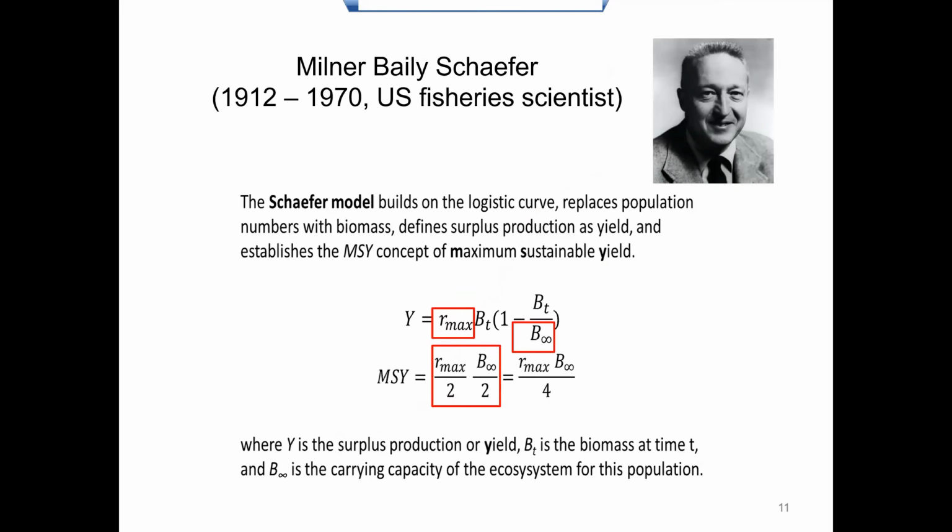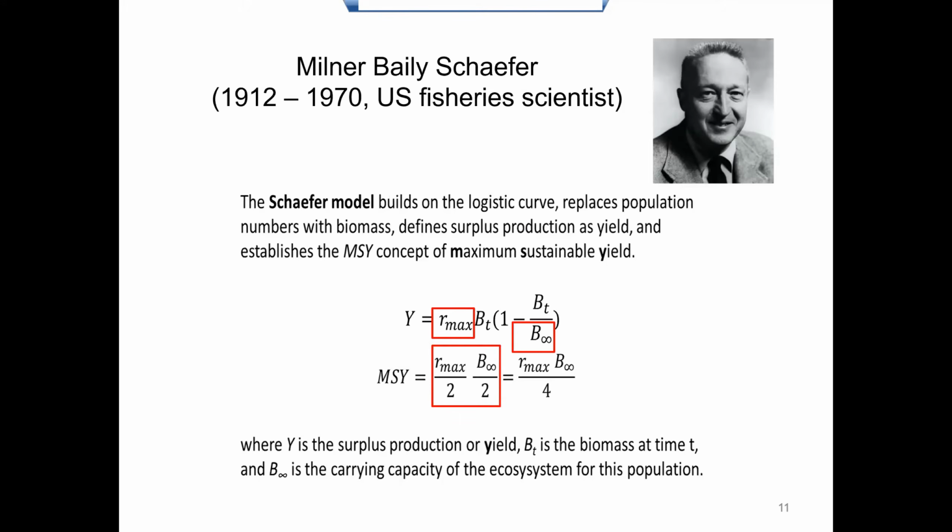This scientist Schaefer from the US replaced the numbers in the population by the biomass. In other words, the carrying capacity is now a biomass that is called B0 or B infinity, and the growth rate of population is still there.